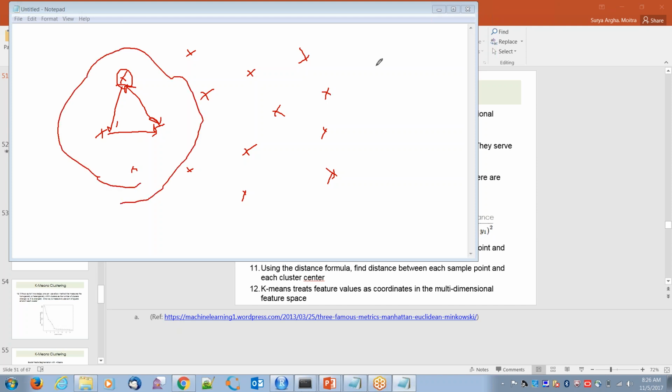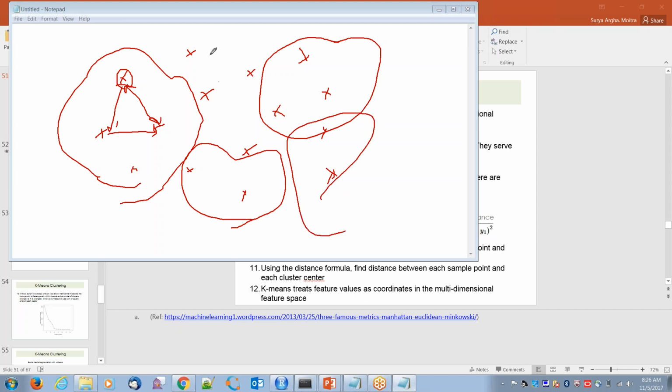Let's say this forms one cluster, this forms one cluster, and so on. Then the cluster center is selected for all these clusters and the same process is repeated, to see whether the clusters can be combined.